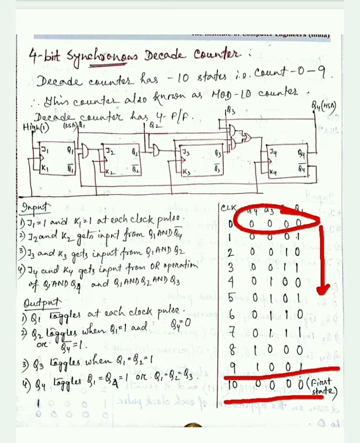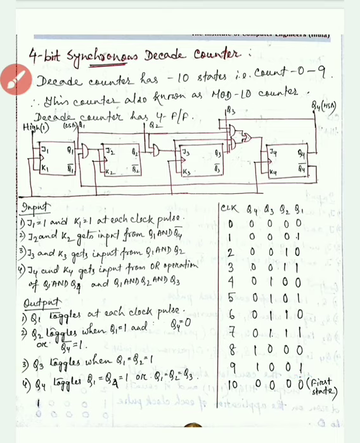After giving output 9, all the flip-flops reset back to their first state and it again starts counting from 0 0 0 0. So we have to truncate the flip-flops when it reaches 10. That means from 10 to 15 we don't require the possible states. We only need 0 to 9.